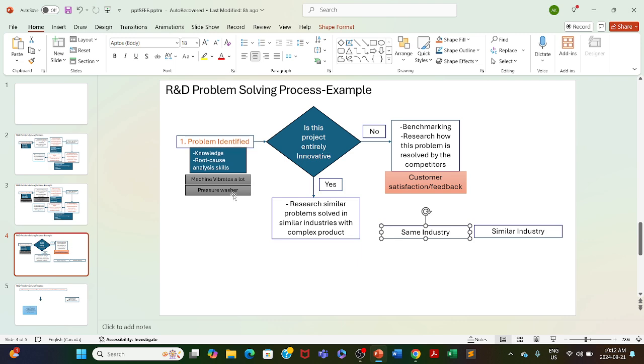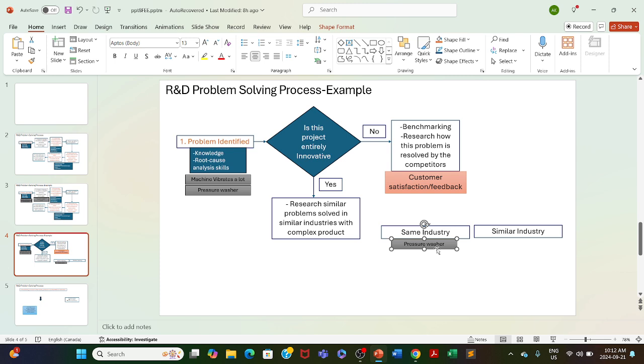Same industry: say my company is making pressure washers. Any company that makes pressure washers or a very similar product in construction is the same industry, because we can quickly make those products as well.